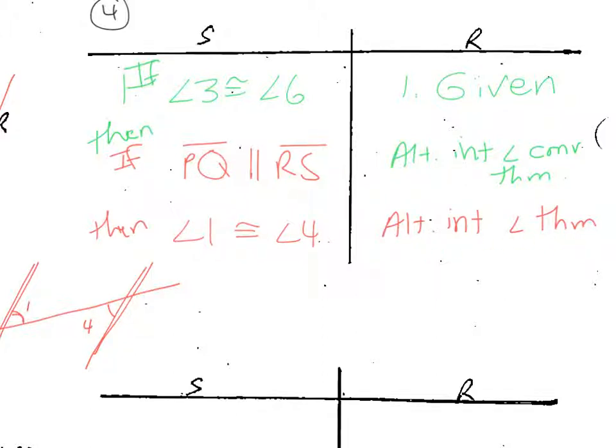So this is a really good proof, and I just want you to stop a minute and look at the overall. This is a really good proof to make sense of when do I use the converse and when do I not use the converse. Because in step 2, I'm proving lines parallel, and then I'm using my converse theorem.